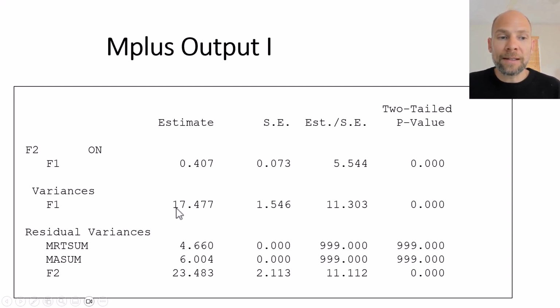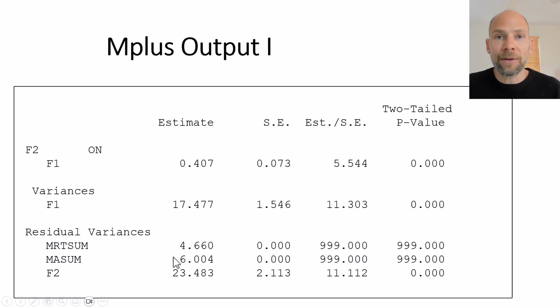Also, Mplus estimates the variance of the factor, 17.477, as well as the residual variance of the second factor, which is given here below as 23.483.